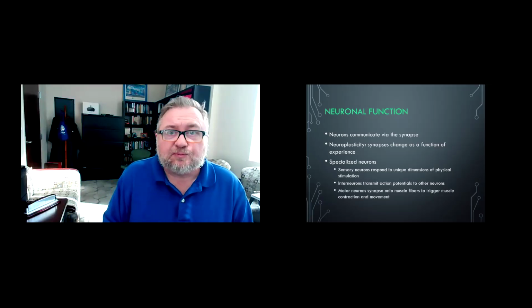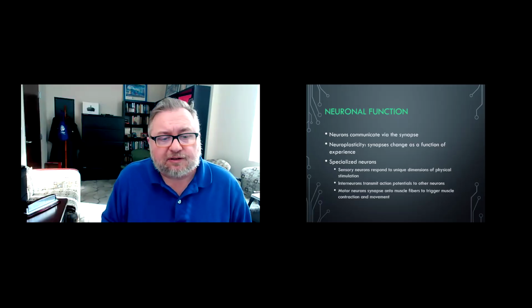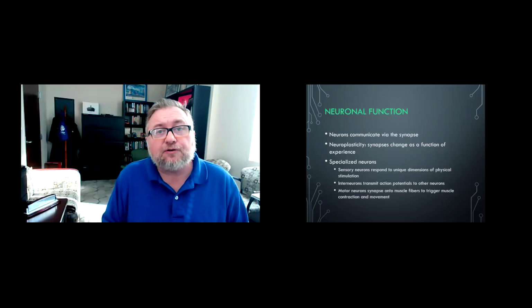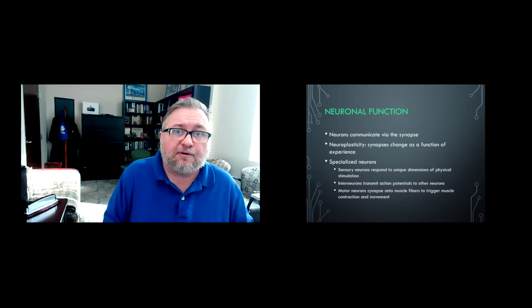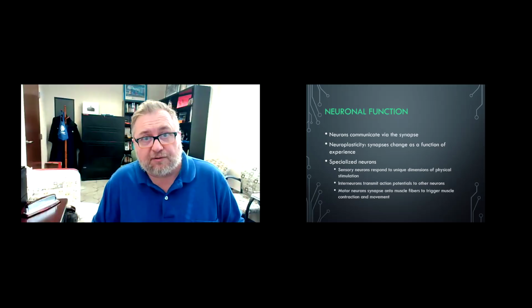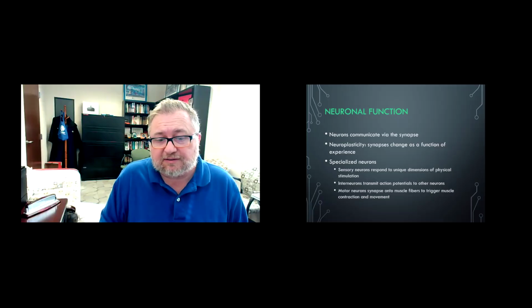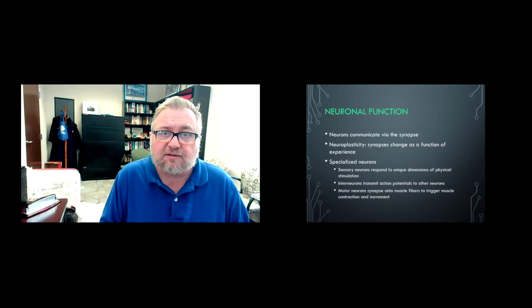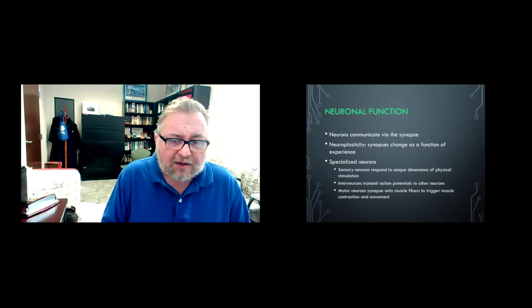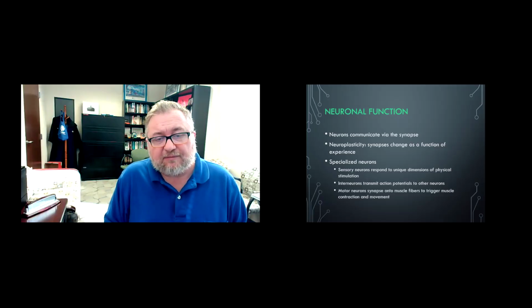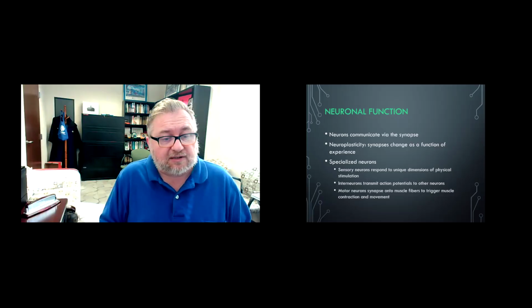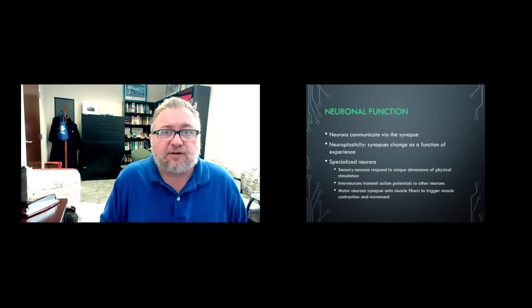Within the nervous system, especially in the brain and in the cortex, the neurons would be considered interneurons, meaning they receive information from other neurons and then they transmit information to other neurons. So they just have dendrites and axons. They don't have any specialized sensory receptors or anything like that. The motor neurons are distinct because even though they do have dendrites that receive a signal coming from other neurons, just like an interneuron does, their axons do not typically synapse onto other neurons.